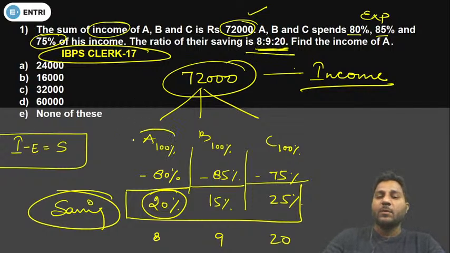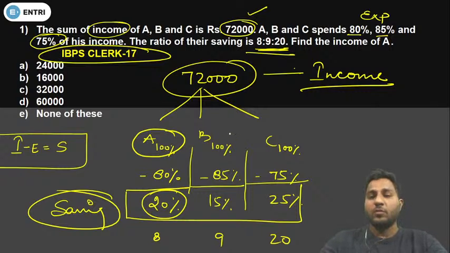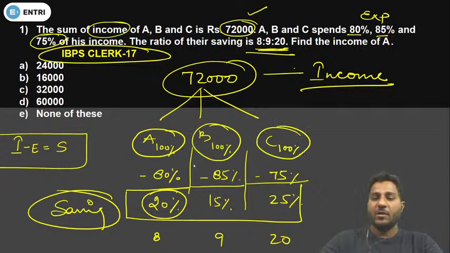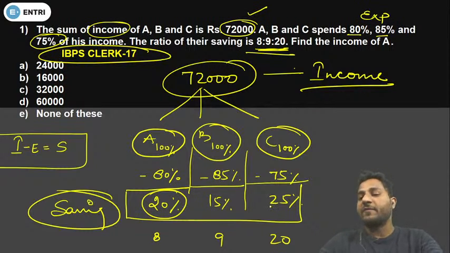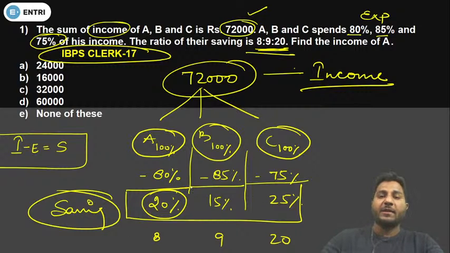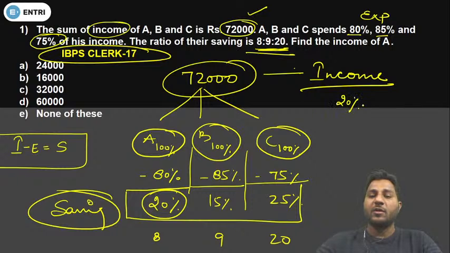So everyone has 100% of their income. If one has spent 80%, they are left with only 20% of saving. The next person will be left with 15%, and the next with 25%. But the ratio of saving has already been given as 8, 9, 20. That means we can equate 20% of A's income to what?